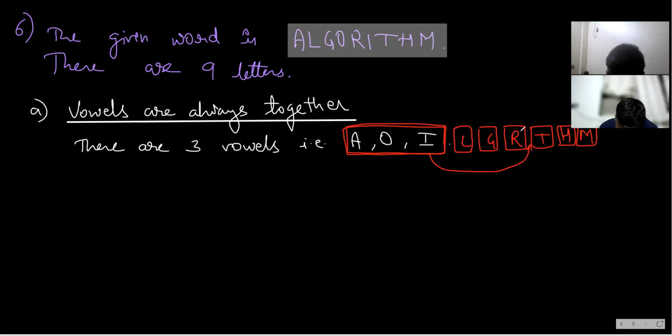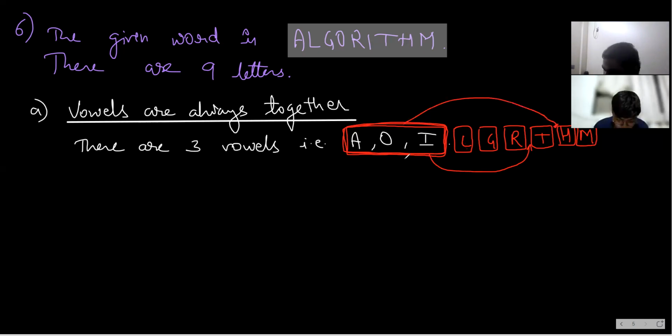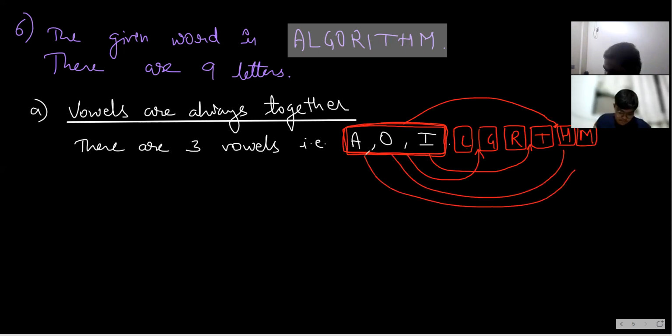But remember, when it goes there, it will go as a unit and it will take all the 3 letters AOI between R and T. Yes, it can go anywhere. It will go as AOI. It can come here, there, anywhere. You understand what I'm trying to say? And these others can also move.